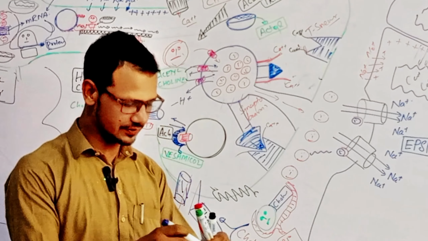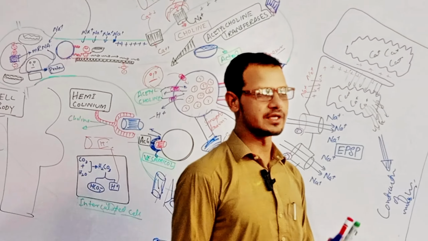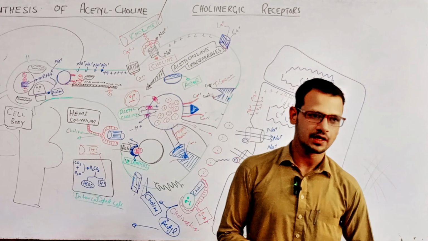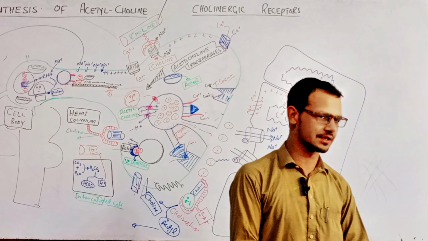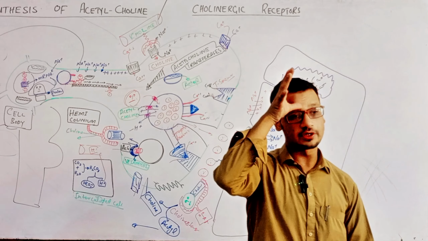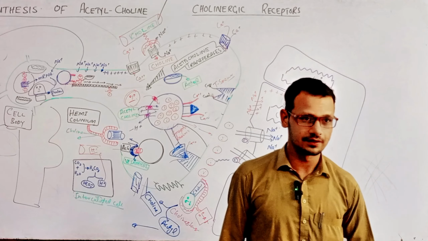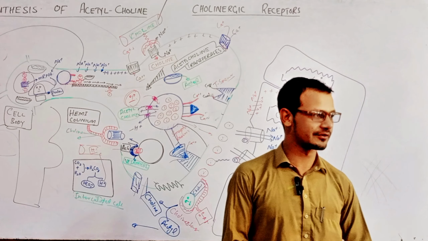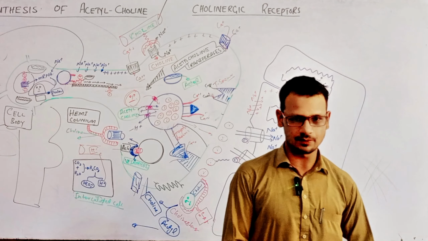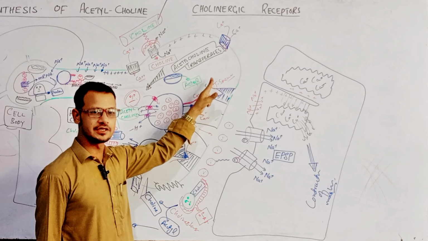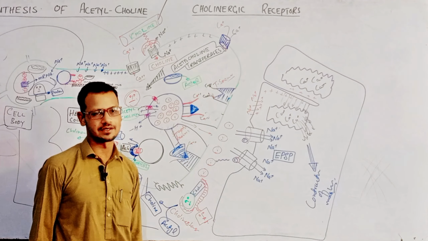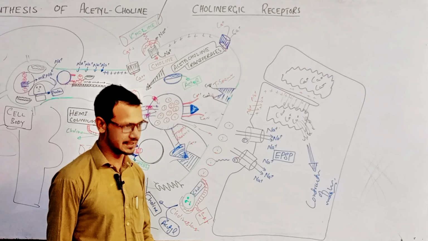The next is one toxic substance which can be produced in cans. The foods which are stored in cans are sometimes toxic, right, because Clostridium botulinum bacteria are responsible for formation of botulinum toxins, and botulinum toxins are responsible for cutting the T snares and V snares. They have knives, right.